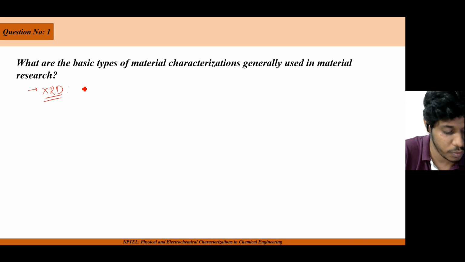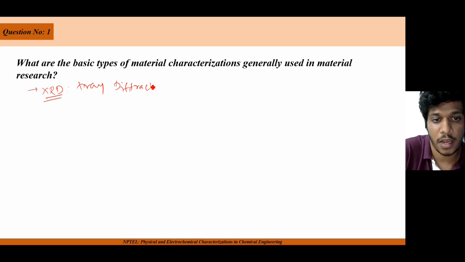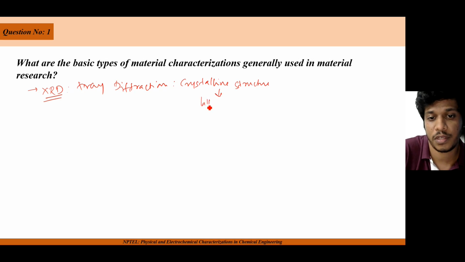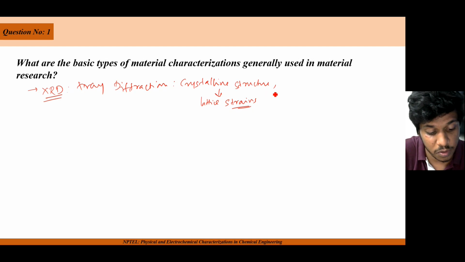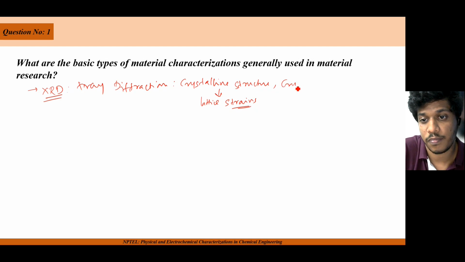XRD stands for X-ray diffraction, and it is mainly used to understand the crystalline structure, which gives us information about maybe lattice strains and other corresponding parameters of the crystal structure. The other thing that can be obtained using this XRD technique is the quality of the crystal, the crystalline quality.